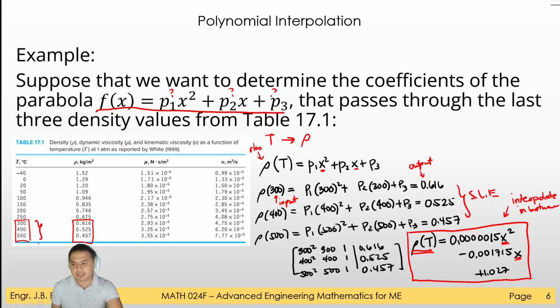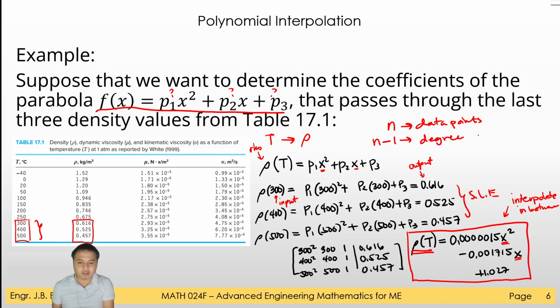Okay, so that is polynomial curve fitting. We can add more data points. If there are n data points, what is the degree of your polynomial? The degree will be n minus 1.